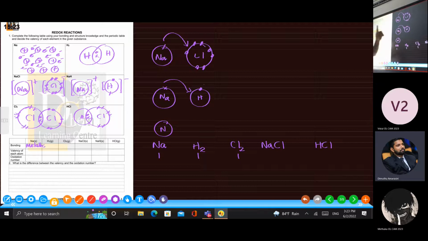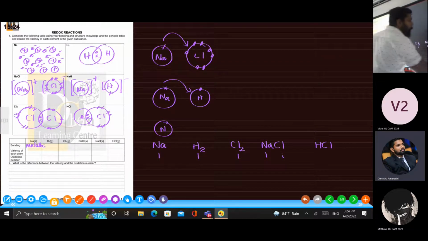So sodium's valency is 1. And chlorine's valency is also 1. In HCl, how many electrons has hydrogen contributed? 1. So the valency of chlorine is also 1.